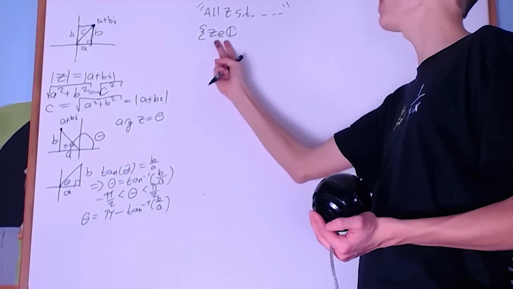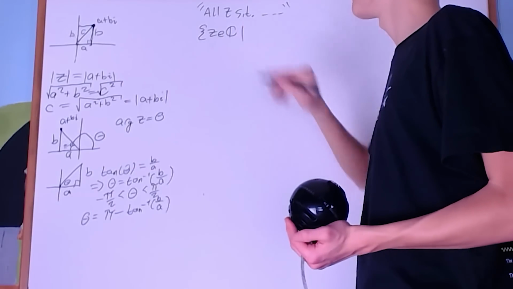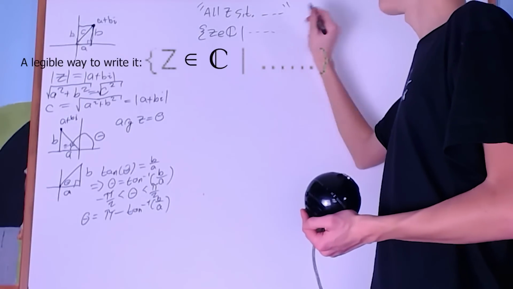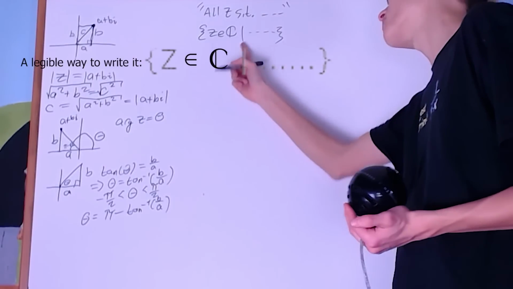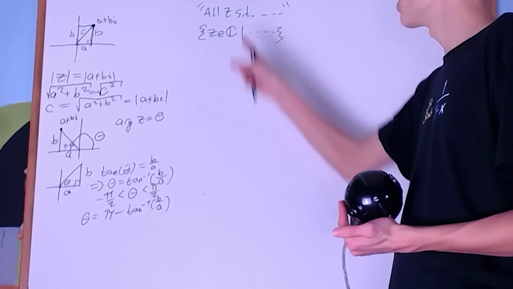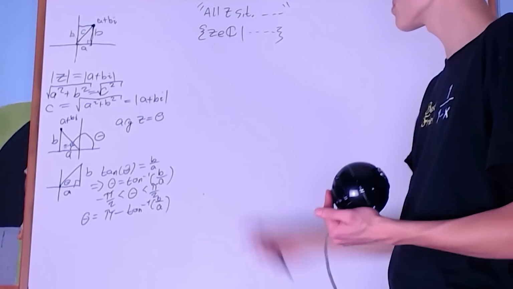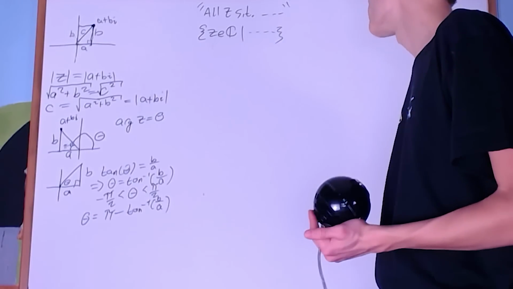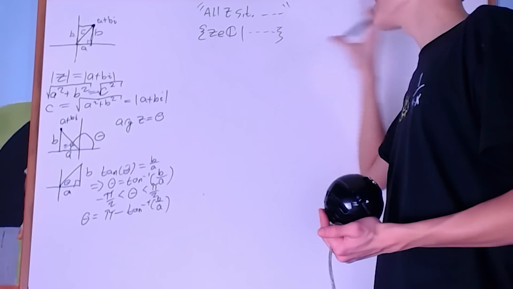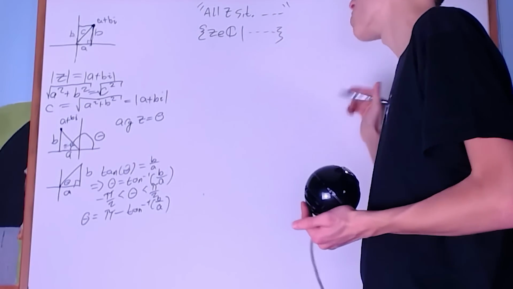This symbol means an element of. So z is an element of the set of complex numbers, meaning z is a complex number, such that, and then whatever's in there. You usually write a vertical line or a colon. So all z such that, or z an element of the complex numbers such that, in set builder notation. And this just represents a certain set of the complex numbers that obeys a certain condition.